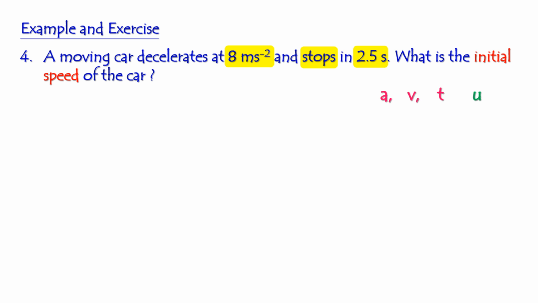Is it okay? So you use the same equation and put the values into the correct places in the equation. What is the value of the acceleration? Oh no, if you put h into your equation, it is not correct. Don't forget to read the question carefully. A moving car decelerates. Okay, h is a positive value, it means accelerate.